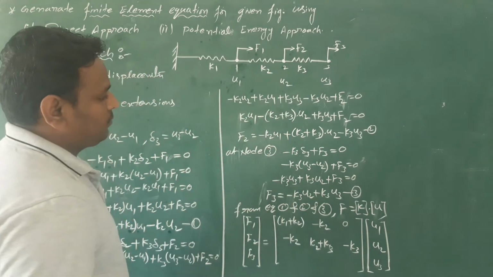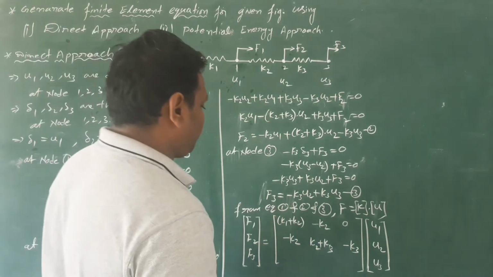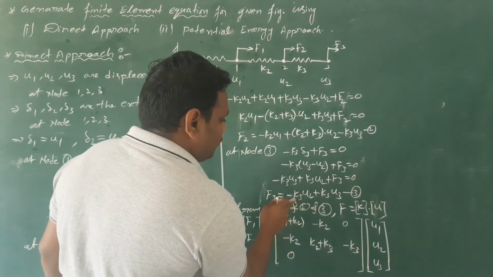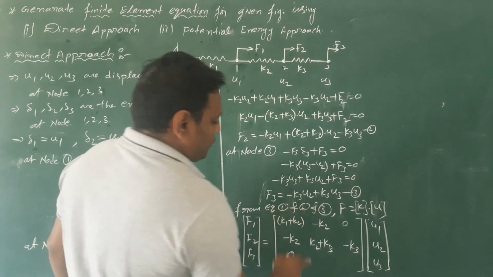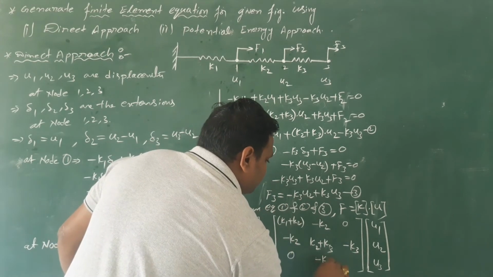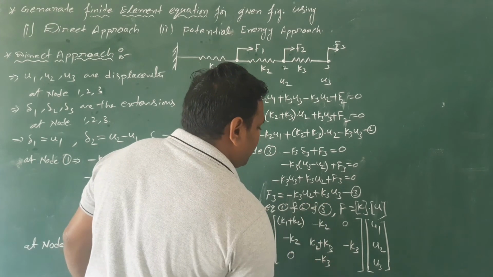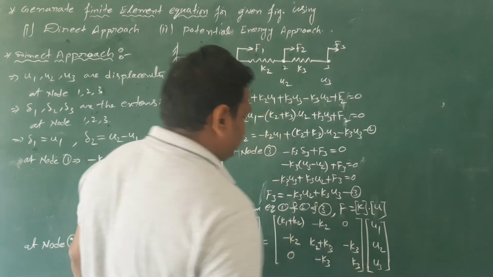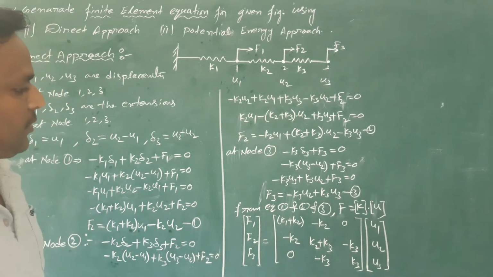Next, the third equation: here is 0, there is no U1 value, next minus K3 plus K3.